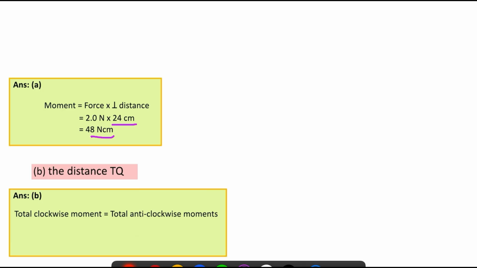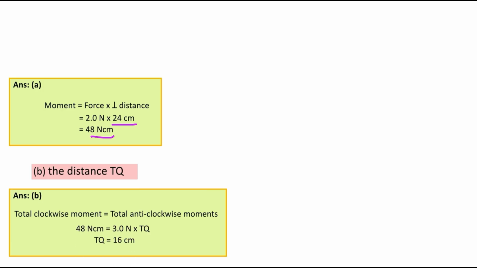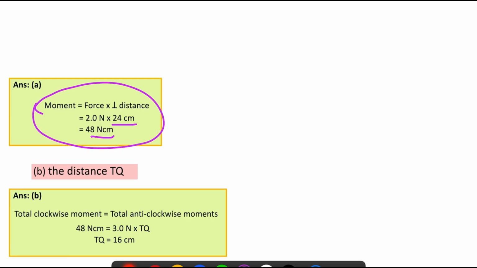Total clockwise moment equals total anti-clockwise moment. Make use of the answer that you found previously, that is the clockwise moment. Then the anti-clockwise moment is force times perpendicular distance. By dividing by the 3.0 on the other side, 48 divided by 3, we get TQ equals 16.